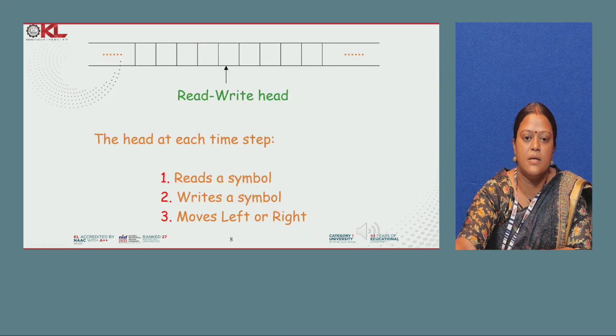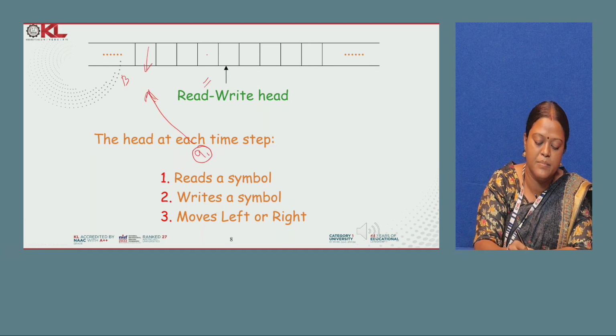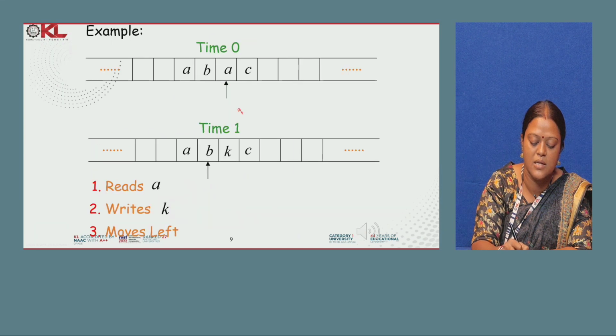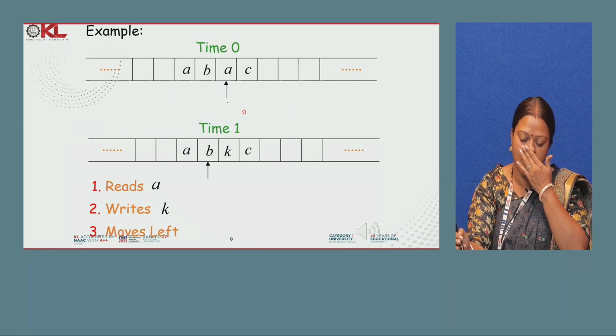Now at each point of time our Turing machine will be working in 3 steps. That is, it will read a symbol from the input tape, suppose it reads the symbol A. It can write, either replacing it or keeping it as it is, and then whatever the current state was, it can change to another state, and it can move to the left or right direction.